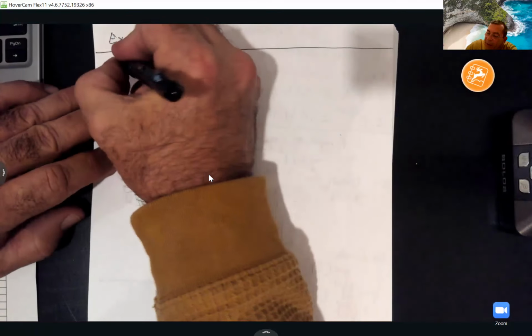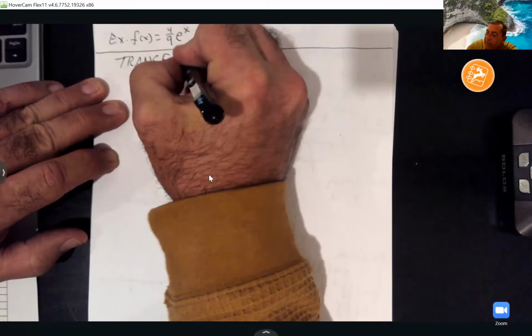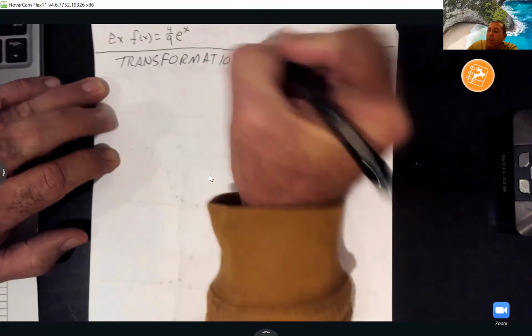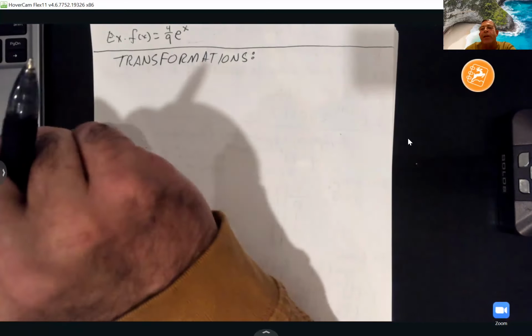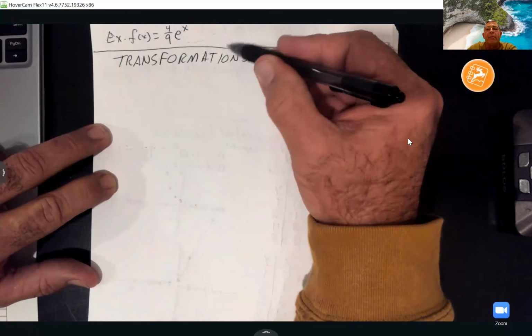But y'all, a little bit later on in here, we start getting into transformations. So y'all remember back in section 7.2, we did transformations. We moved them graphs up and down.